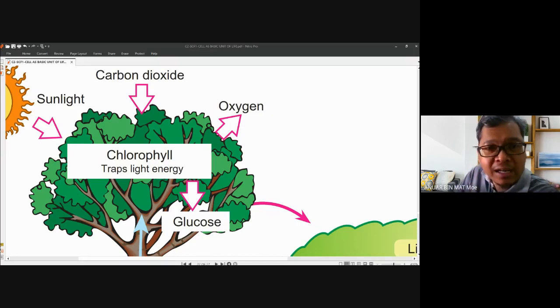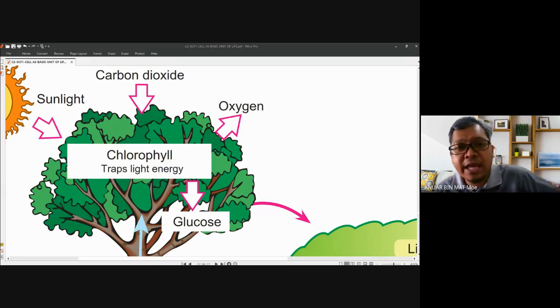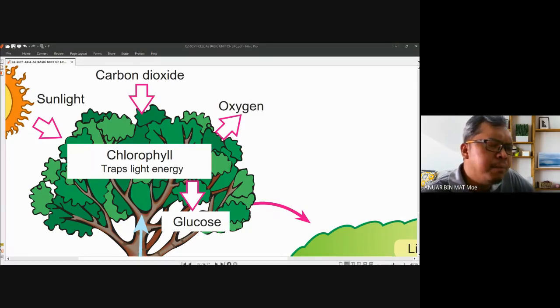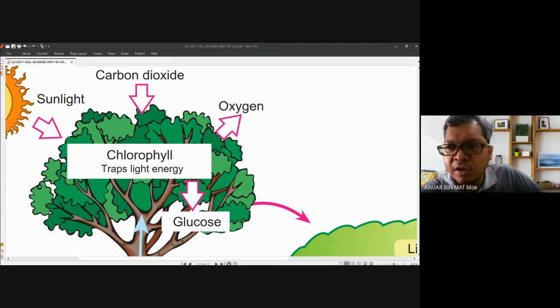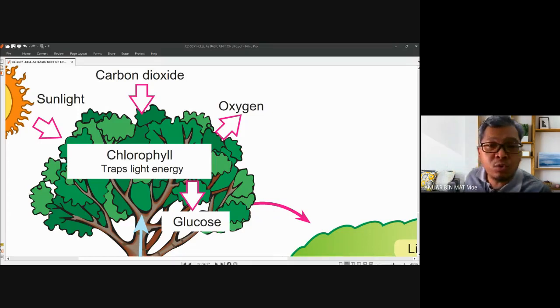Humans cannot survive without plants, because we need to eat plants and also animals. But the plant can survive on its own because of the ability to do photosynthesis and also respiration.